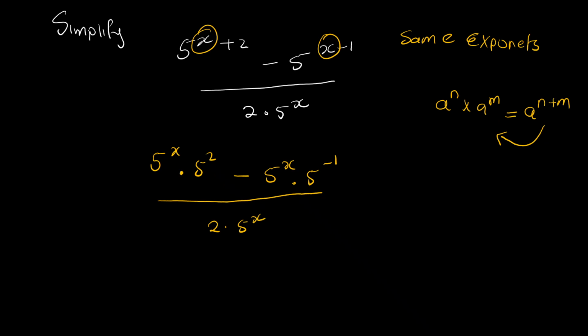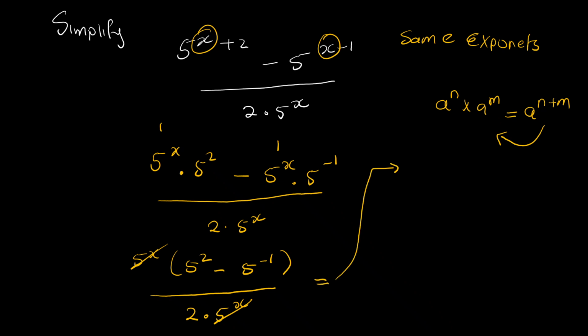In the top part, we can take 5 to the power x out as a common factor, and where there's 5 to the power x, you substitute that with 1. So this will be 5 squared minus 5 to the power minus 1, everything divided by 2 times 5 to the power x. Look at this, these two cancel.